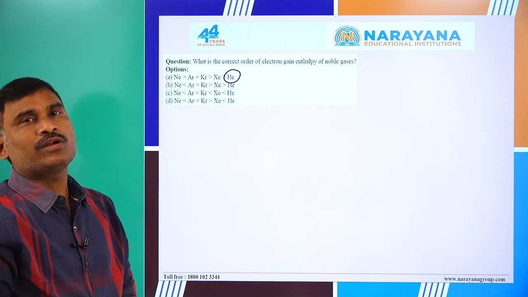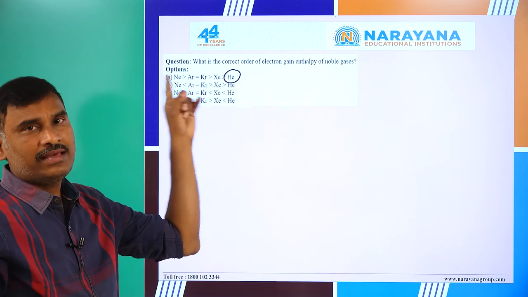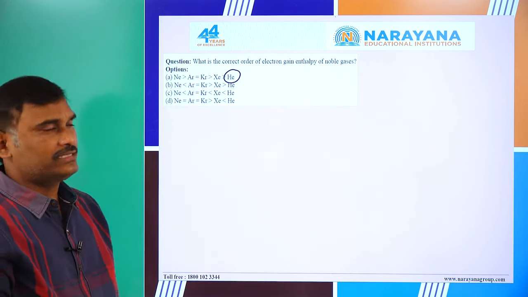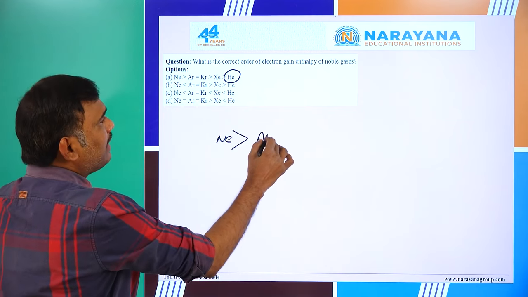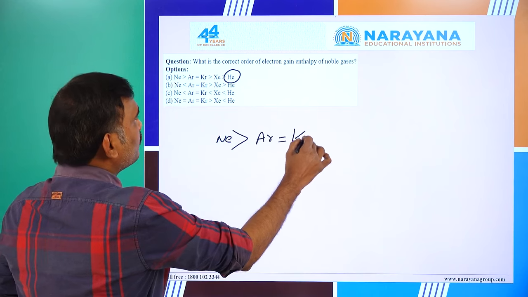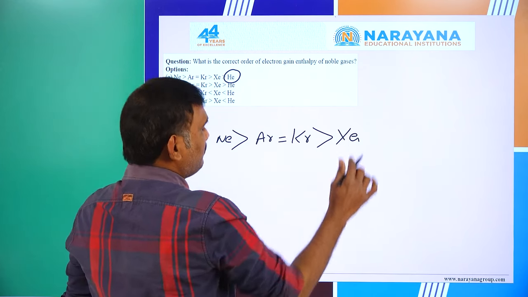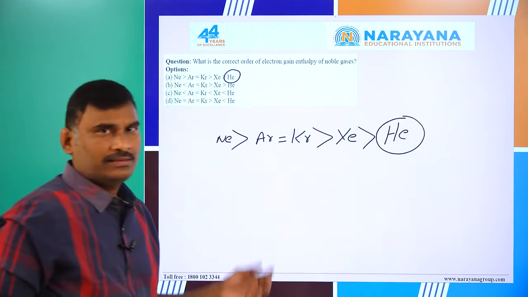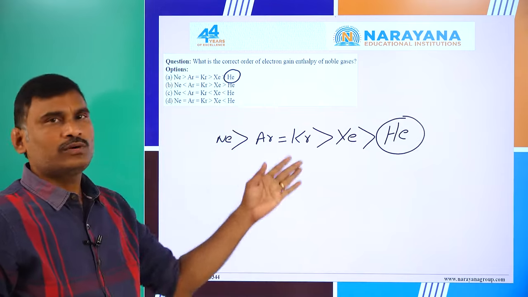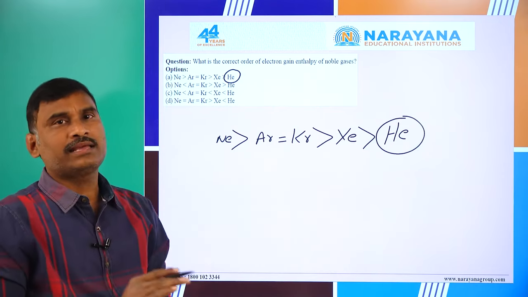Because of having only one s orbital and small size, its electron gain enthalpy is very, very less among the zero group elements. So, neon is greater than argon, nearly equal to krypton and xenon, and helium is the lowest. This is the abnormality. So, top to bottom electron gain enthalpy decreases except for helium.